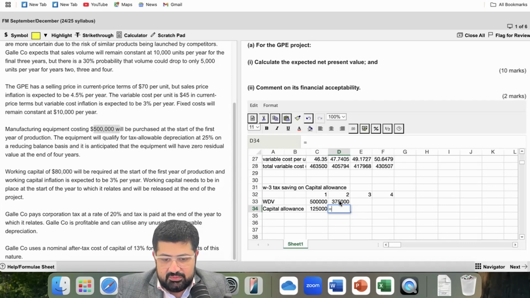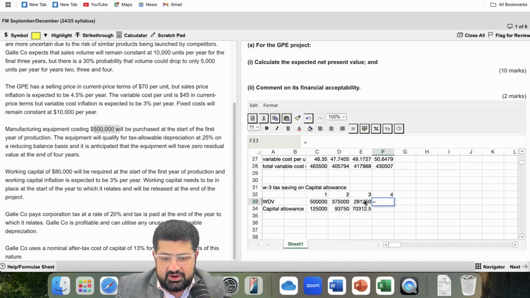Now capital allowance will be this into 25%. So what will be the written down value next year? Written down value last year less capital allowance charged last year. So this will be the written down value. Now capital allowance, this into 25%.